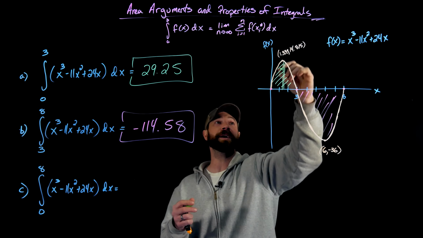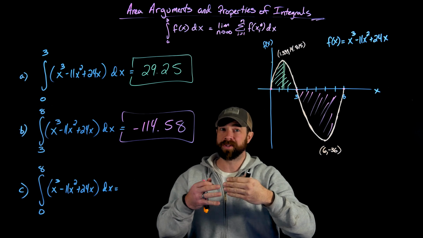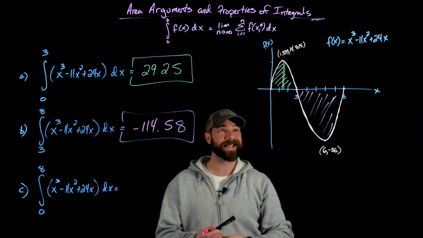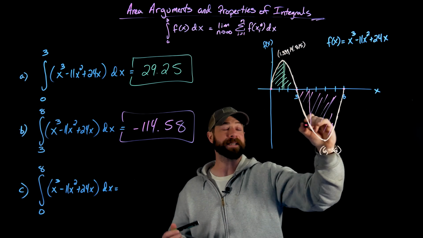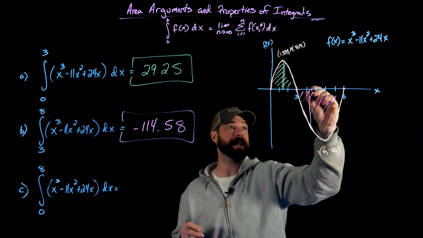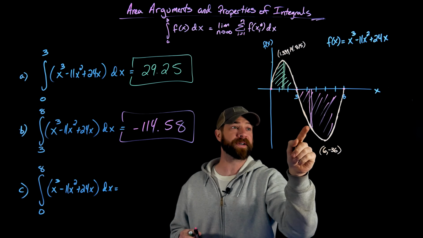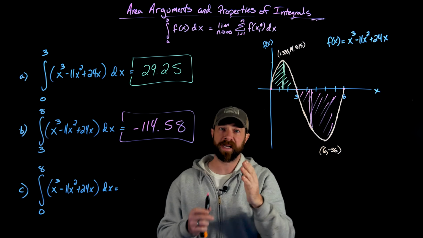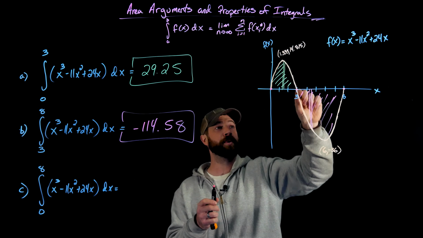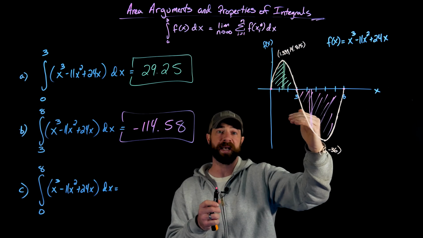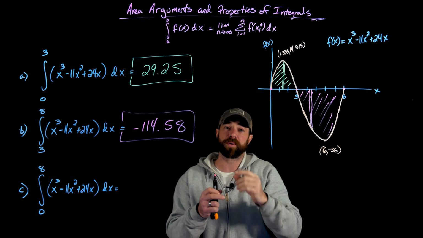Well, when the function value is positive above the y-axis, then this is going to result in a positive value. But in the case when our function values are negative down here, the height, quote unquote, of this rectangle is actually going to be a negative value. So we'll get a negative function value times this positive change in the interval, which will output negative. So any point when our graph is below the x-axis, the output of the definite integral will be negative.